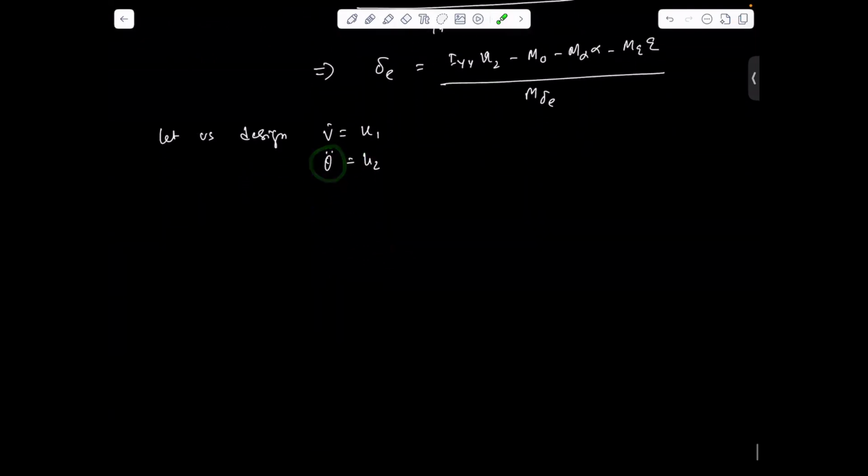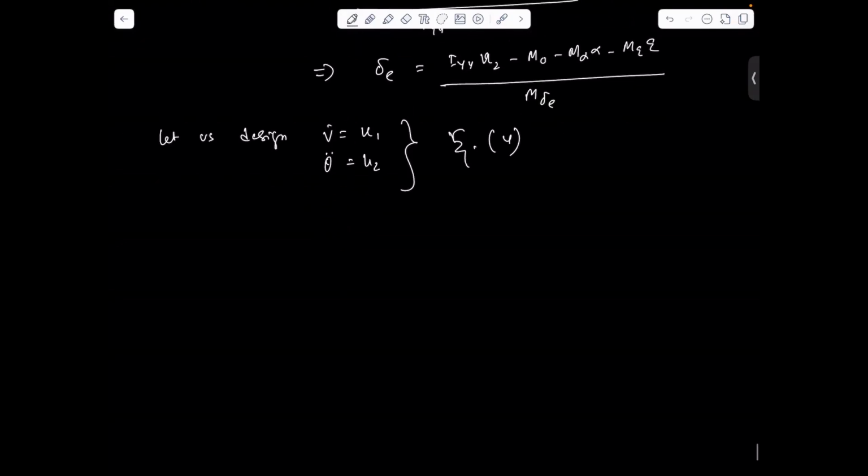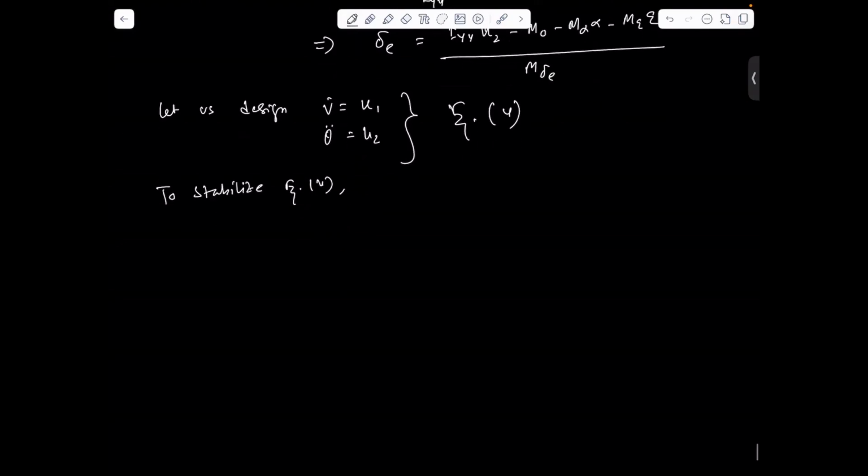Here we are going to choose U1 and U2 to stabilize it. Let me define this as equation number 4. Now, to stabilize equation 4, U1 and U2 are chosen as follows.